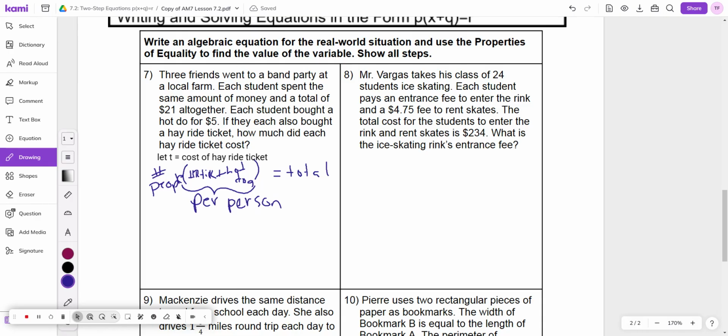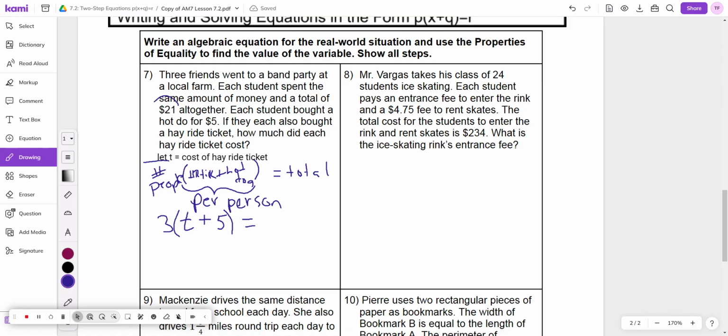So now I'm going to go back in and substitute in some numbers. The number of people that went is 3. The cost of the hayride ticket, I don't know what that is. That's my let statement, so that's going to be my variable T. And then the cost of the hot dog, which is $5, is equal to the total.